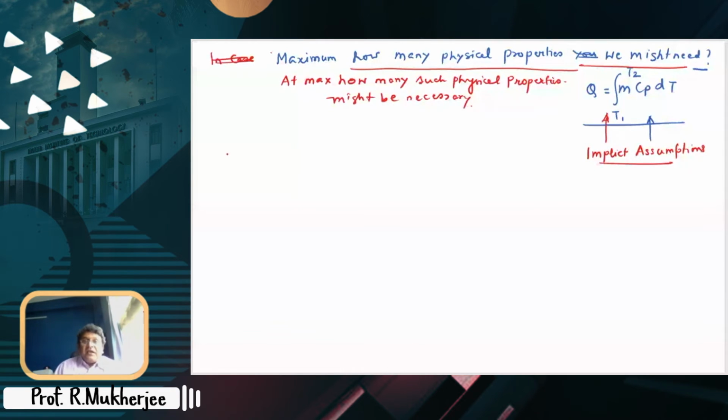might be necessary? And in order to give an answer to that, let me just draw a quick figure. No, Shayan Haldar, it's not as per our need. You do not need 10 properties.